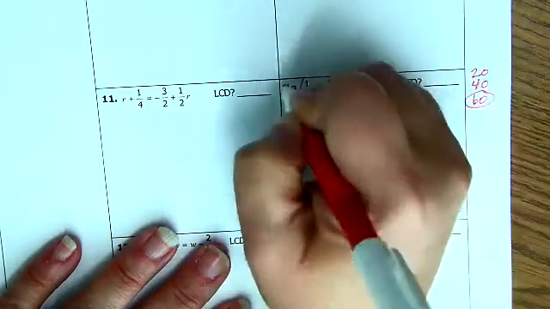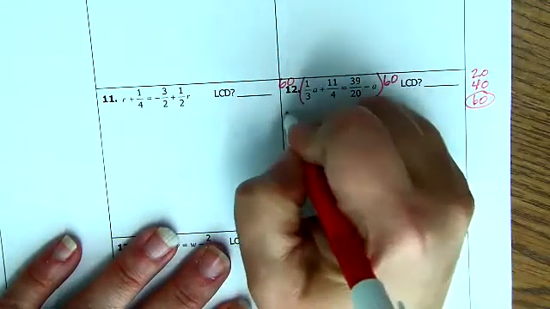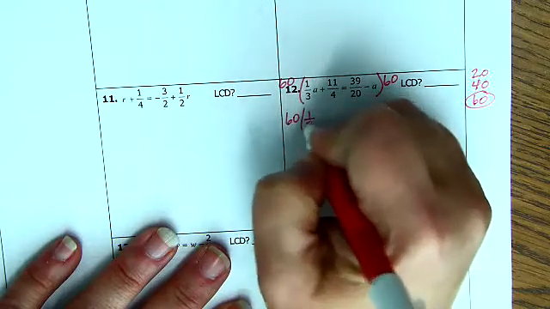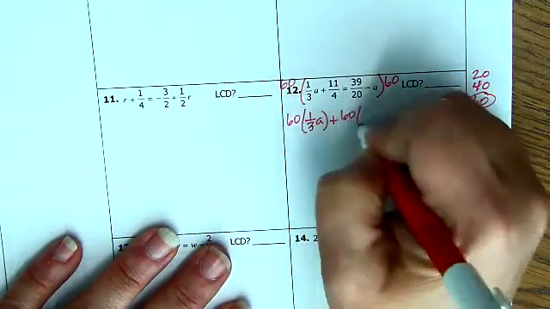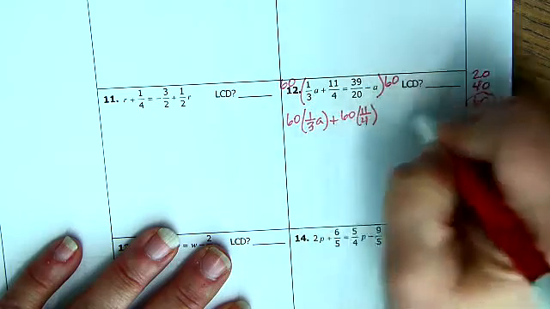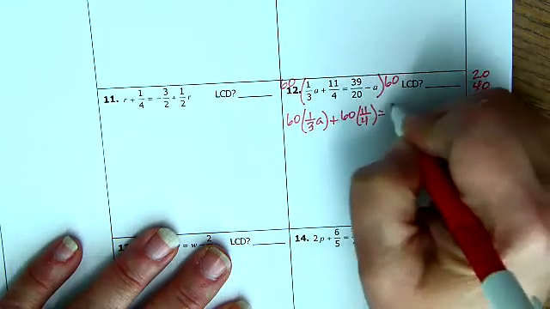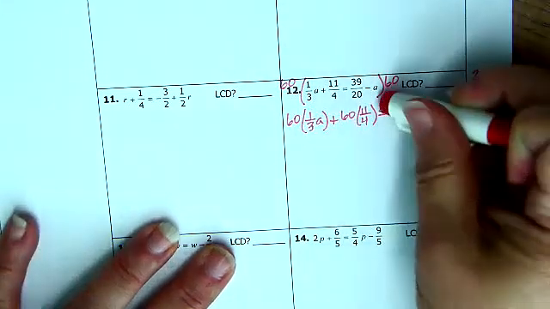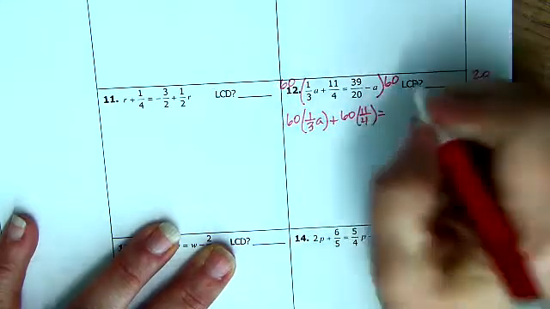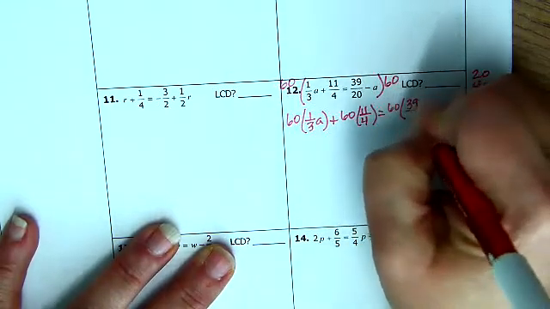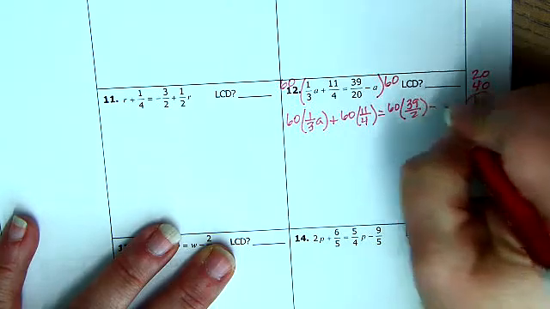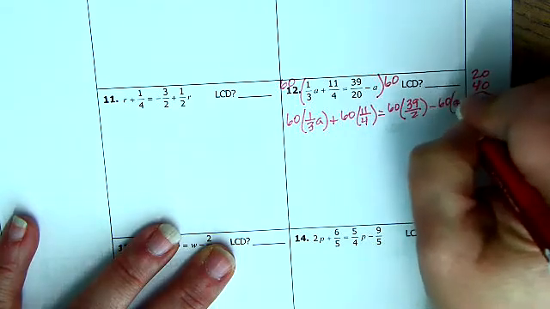everything times 60. So I'm going to have 60 times 1/3 a plus 60 times 11/4 equals 60 times 39/20 minus 60 times a.